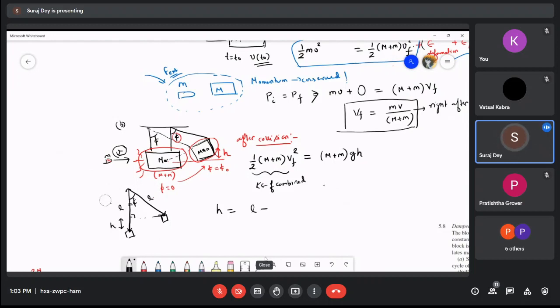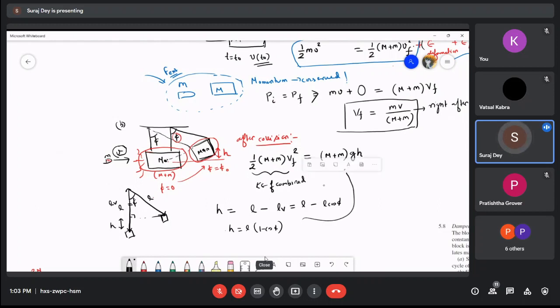So let's say this is L vertical, and this small part is nothing but L cos phi, and so then h is equal to L minus L cos phi, which is L times 1 minus cos phi.